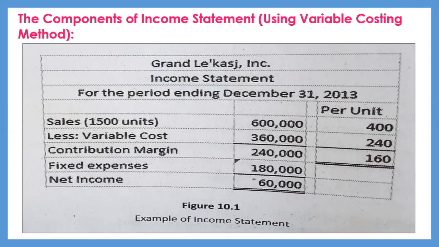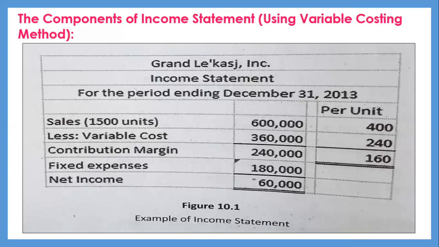In this case, this is an income statement of Grand Lecas Incorporated for the period ending December 31st, 2013. As you can notice, the sales represent 1,500 units sold by the company during the period with a selling price of 400 pesos, and the variable cost represents the cost of the 1,500 units sold at 240 pesos.